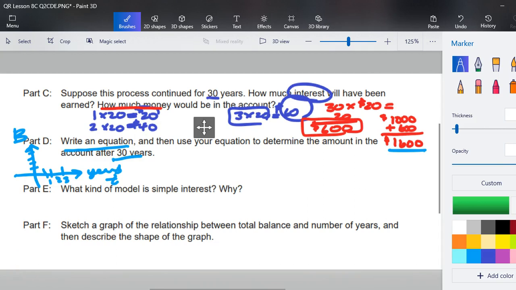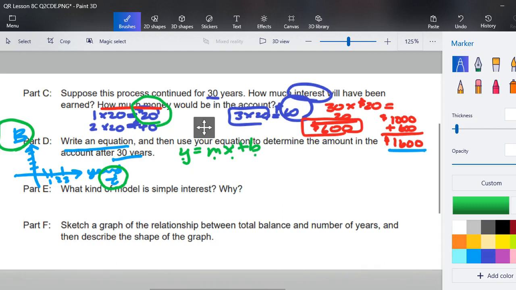With that thought in mind, this could be our X, this could be our Y, and our equation so far that we've been using is Y equals mx plus b. So we have our Y, we have an X, we need to know what the slope is. Well, the slope is the rate of change. How much are we going up each year? Well, each year we are going up $20.